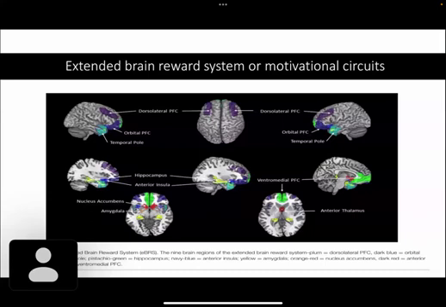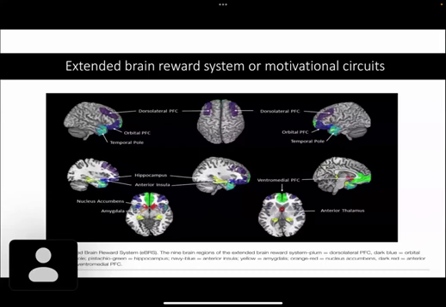Because the reward circuit is just part of the puzzle. The reward circuit has multiple inputs from various areas of the brain, and all of these contribute to the function of the reward circuit, which is known as motivational areas.